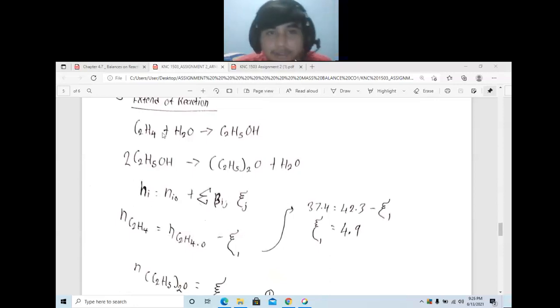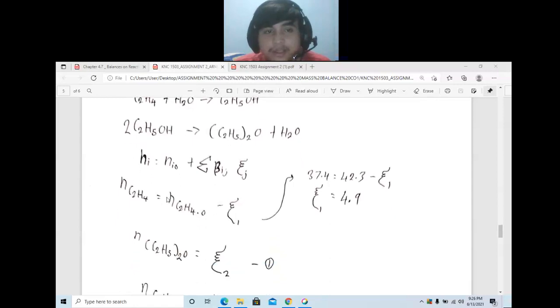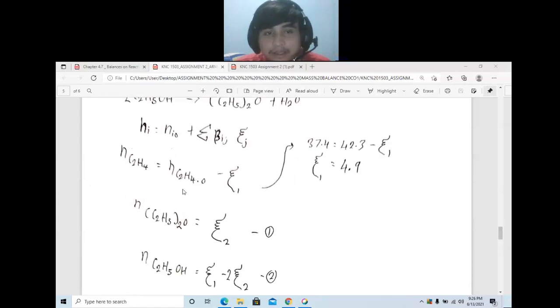Here, for the extent of reaction, we're using the chemical equation. I'm using C2H4, the ethylene, as our first, because the ethylene has the reactant equal to the product, so it's an easier way to find the extent.